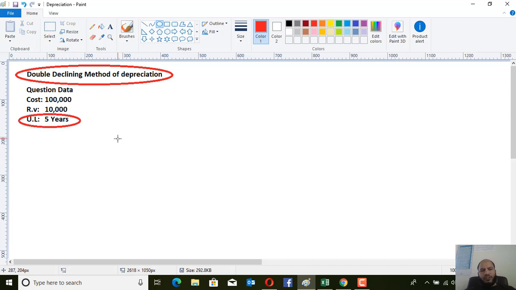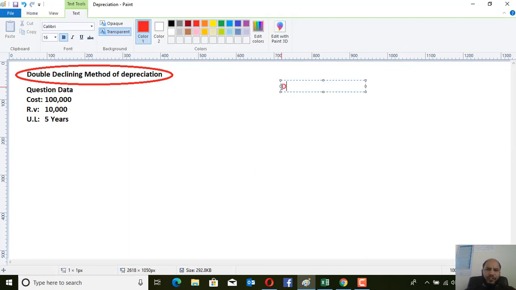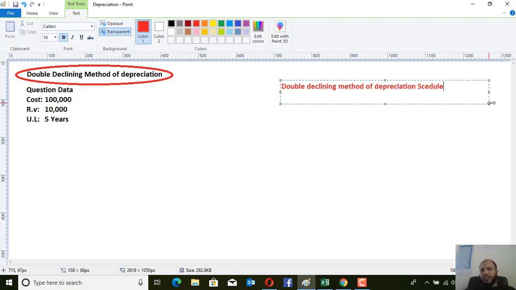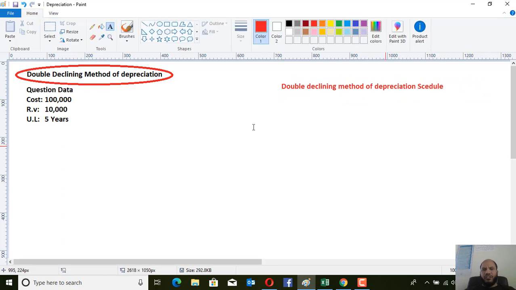Now dear students, let's have a chart for depreciation. First of all, we will write down over here: double declining method of depreciation schedule. So we are making the double declining method of depreciation schedule.